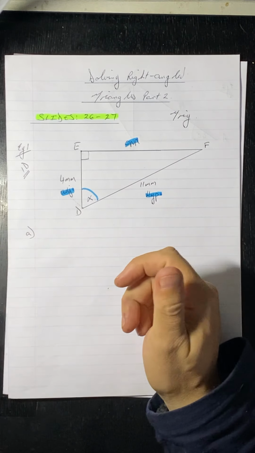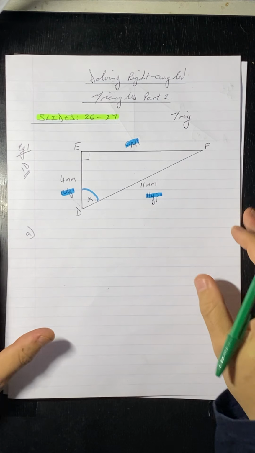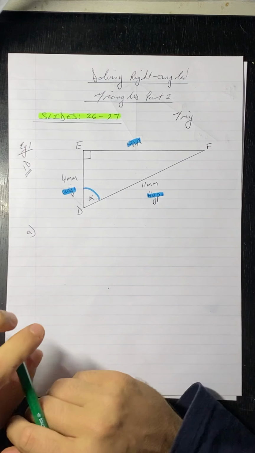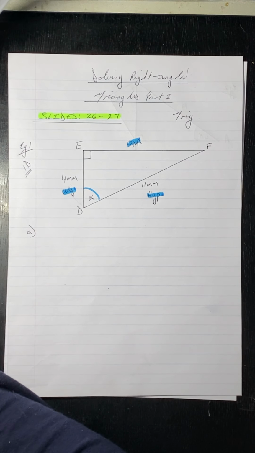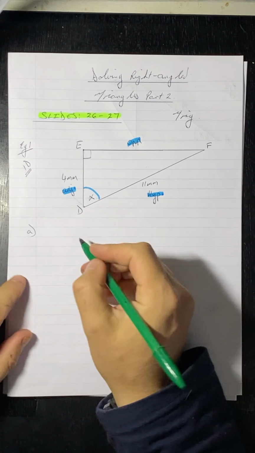Now you can see the two given sides are this 4mm and the 11mm. So that is a combination of adjacent and hypotenuse.